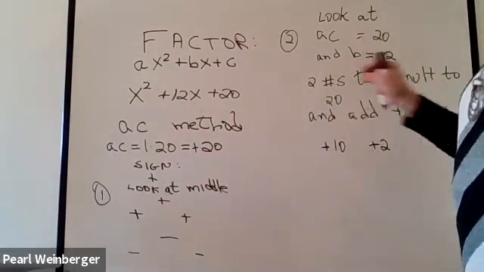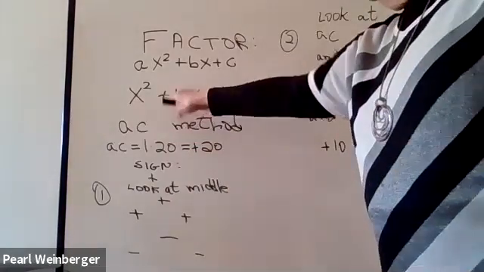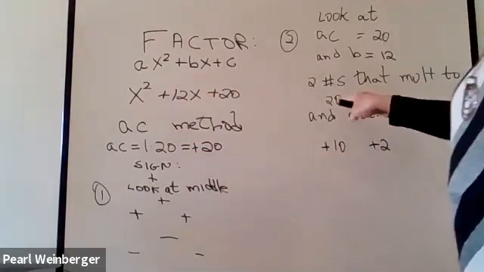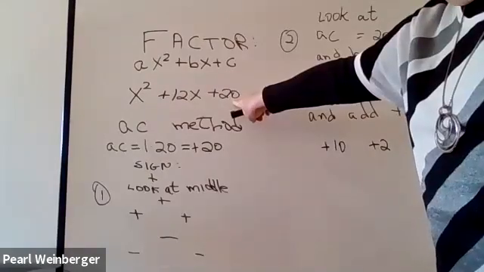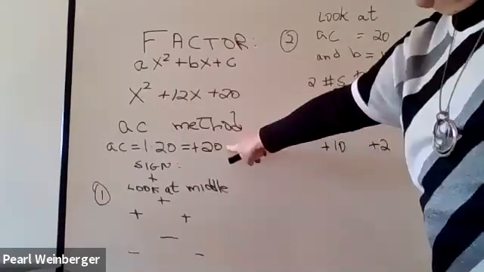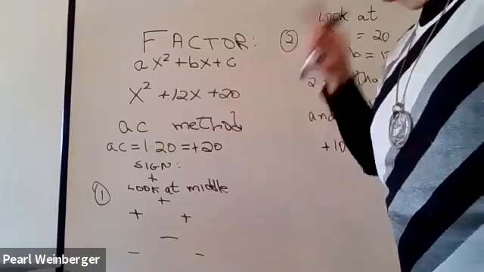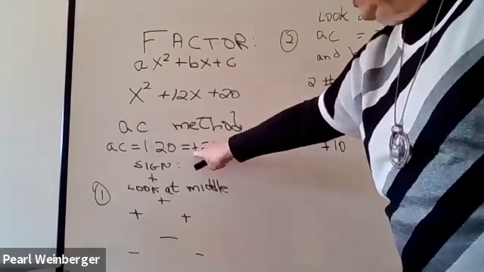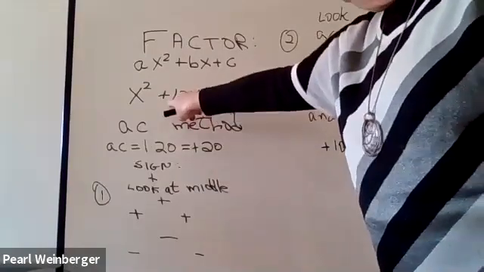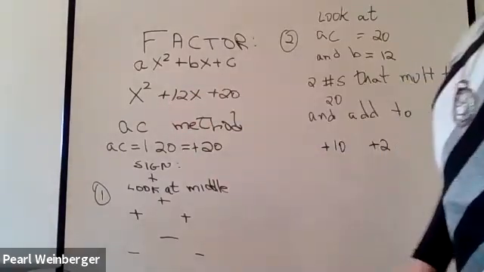You determine how to break up that middle term by finding a number that multiplies to the AC, which in this case is 20, and adds, and here's the hint, this is a plus 20, so it has to add to the middle number.